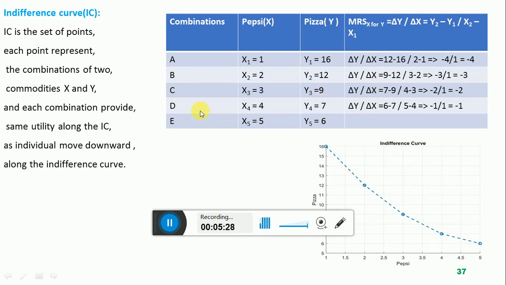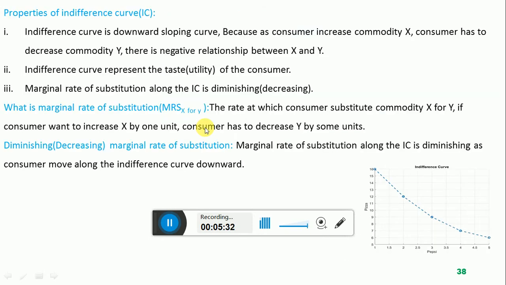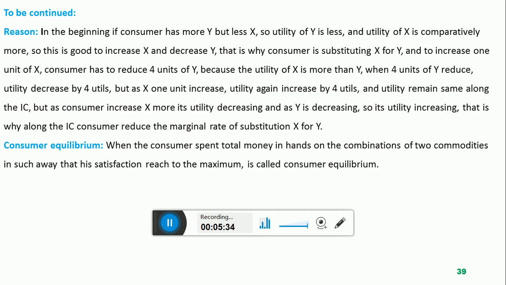And why is this decreasing? As I told you in the beginning, when the football player has more pizza but less Pepsi, he needs Pepsi, that is why he is giving up 4 pizzas for one Pepsi, because the marginal utility of pizza is very small for the football player, but the marginal utility of Pepsi is very large.